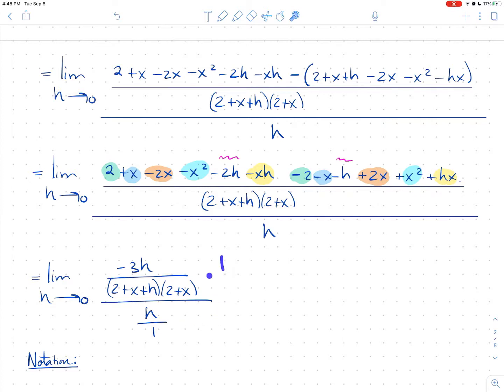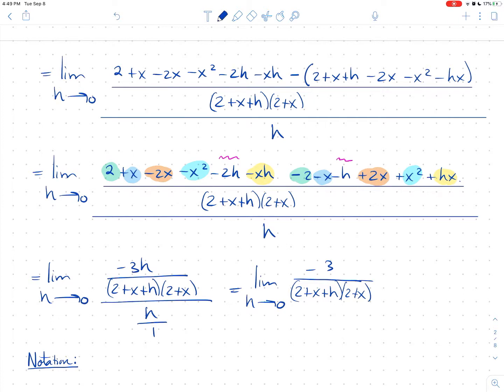So you say 1 over h like this. That's the same thing. And moving this up here, 1 over h, we're going to cancel the h's. And so my next step is this is the limit as h goes to 0 of negative 3 over 2 plus x plus h, 2 plus x.